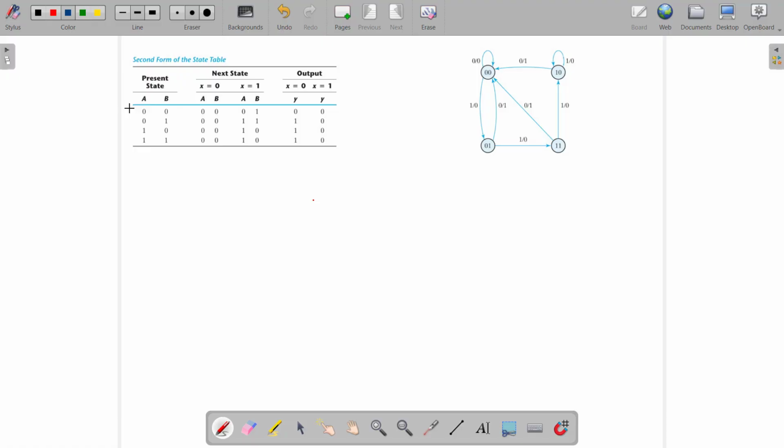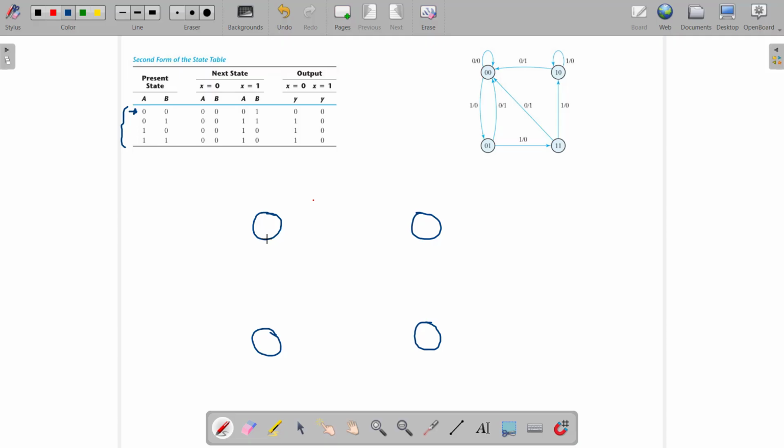First of all, you have to look at the number of possible combinations. How many possible combinations do you have? 4. It means that you have to draw 4 circles in this form. Then for each circle you have to write one of the combinations.